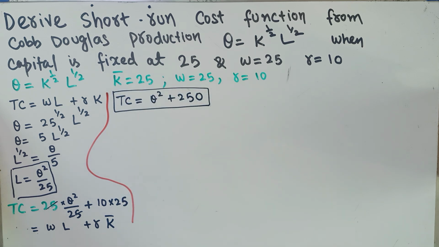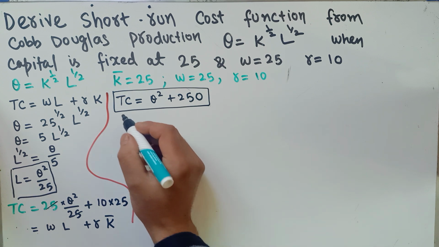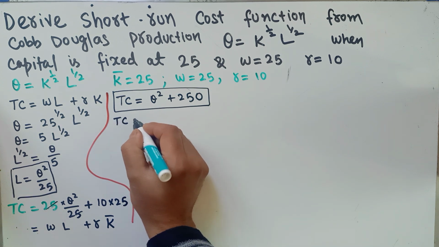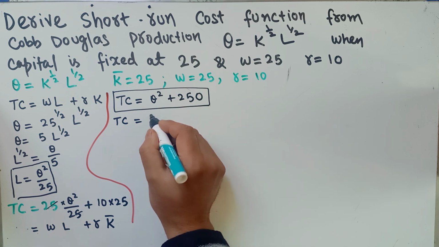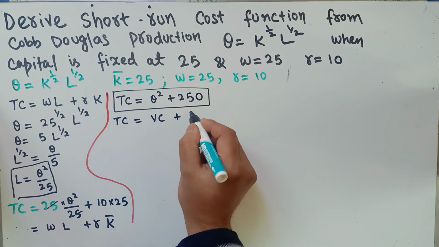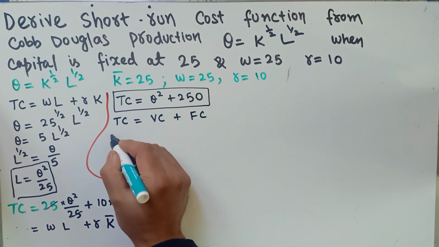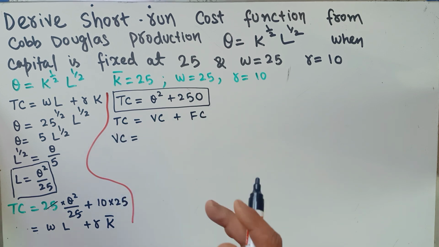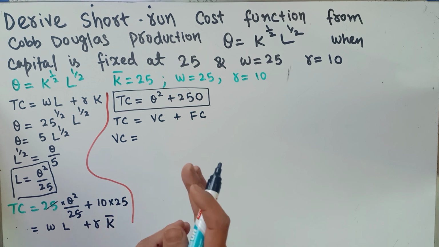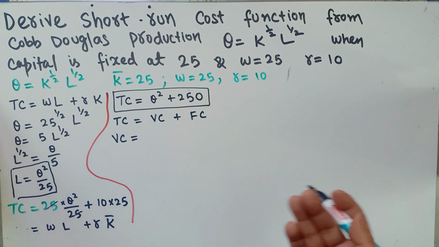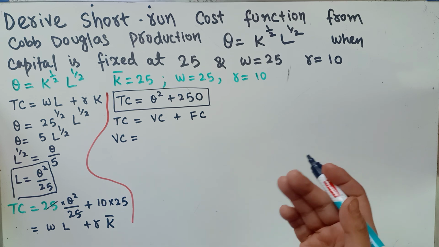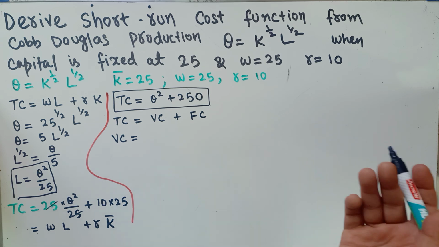Now we need to derive the different kinds of costs. As we know, total cost is the aggregation of variable cost plus fixed cost. Then what will be the variable cost in this case? Variable cost is that cost which changes with the units of inputs employed.